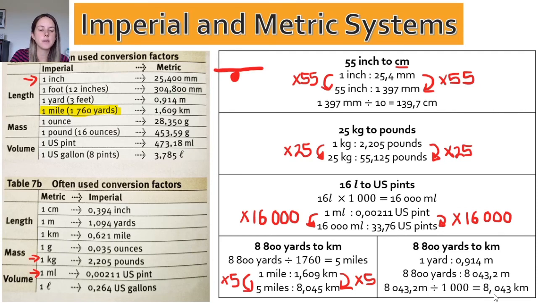Now with this next method, we do the conversion within the metric system and not in the imperial system. So I'm looking at 1 yard is to 0.914 meters. And I'll write that down. Then I know I want 8,800 yards.